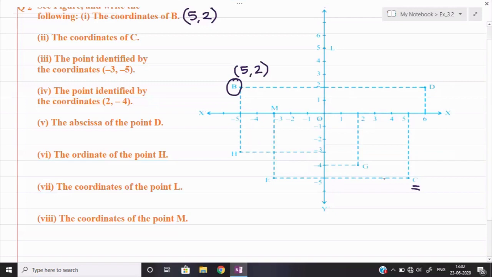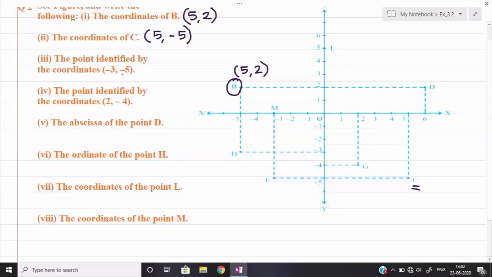The horizontal distance is equal to 5. You observe, if I go from this place to this place, this is equal to 5. And if I talk about the vertical distance, then it is going down till -5. So I will write down first the horizontal distance, that is 5, and then the vertical distance, that is -5.